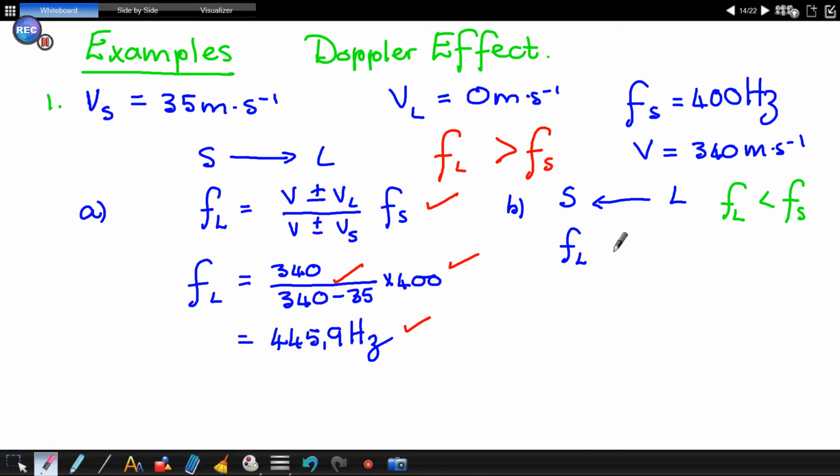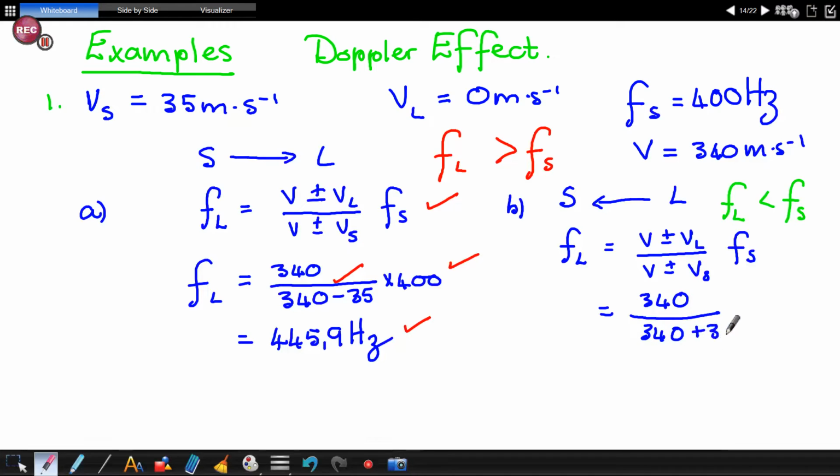So FL equals V plus minus VL, which is naught, divided by V plus minus Vs times Fs. And now we do our substitution. So V is the velocity of the sound, 340, and the VL is naught, so I'm going to leave it there. And the 340, and what must happen here?